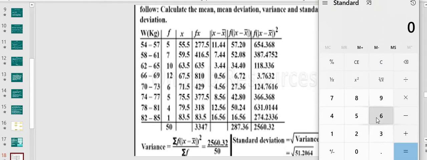Then 62 plus 65, which is equal to 127, divided by 2, is equal to 63.5.